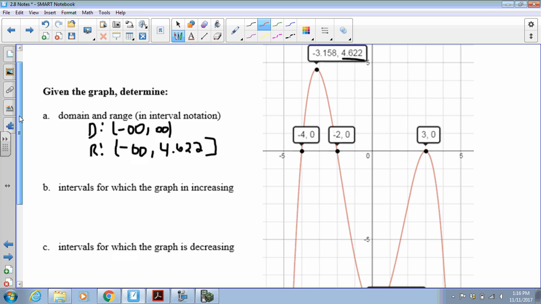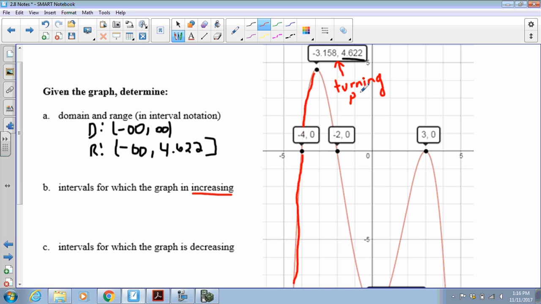Now, just like last time, we're going to do intervals of which the graph is increasing. And we want to use our x values for this. So if we read the graph left to right, we start right here. And remember, it stops at what we call the turning point. So this is one of our turning points because it is a local max.